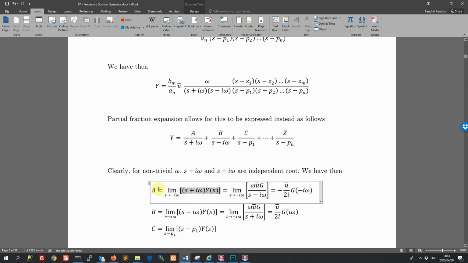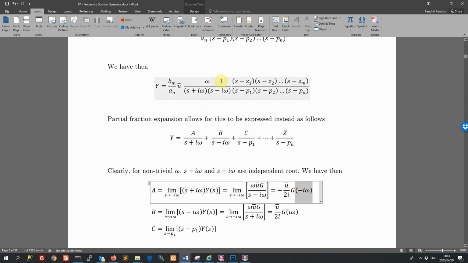So that's how we get a. And if we multiply y of s by this, looking at y of s here, we can see when we multiply by s plus iω, then this factor vanishes. And then if we set s equals minus iω, then we get minus 2iω here. And all the other terms, if we multiply it in here, are going to vanish, and that leaves us with g of minus iω.